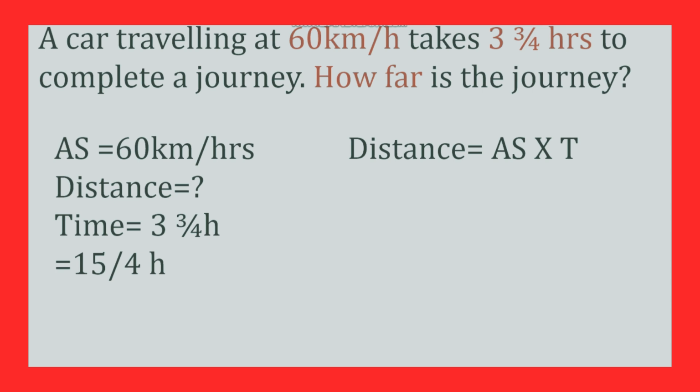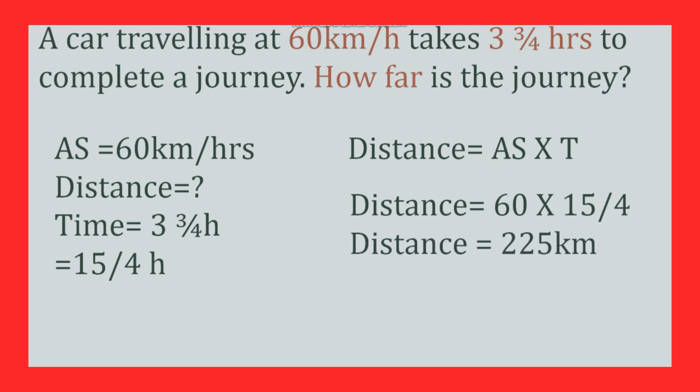Average speed times time. That is how to find distance. So basically here you just say 60 times 15/4. And 60 divided by 4 gives you 15. 15 times 15 gives you 225. So the distance is 225 kilometers.